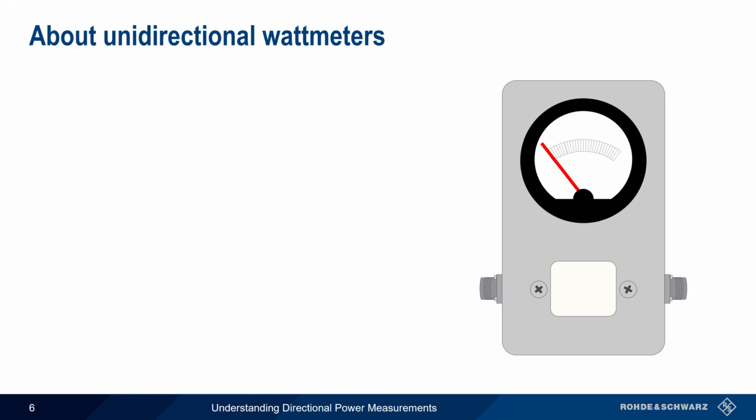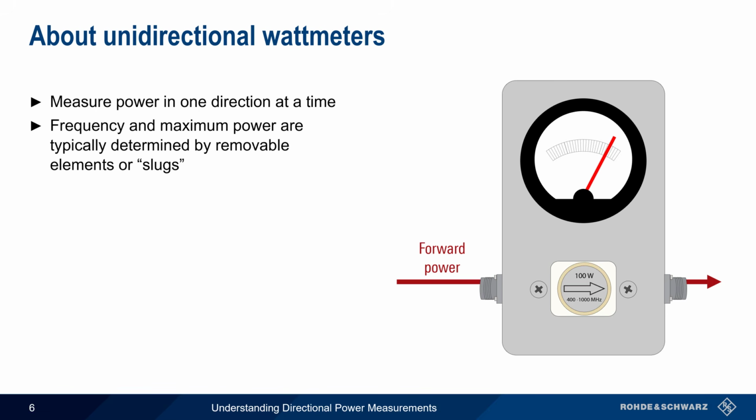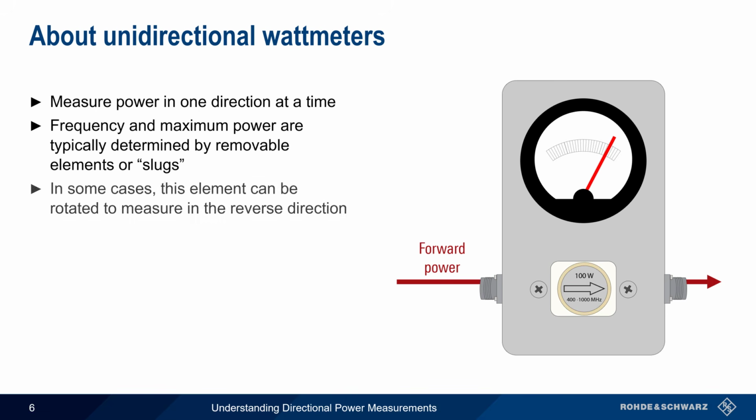A unidirectional wattmeter, such as the one illustrated here, measures power in only one direction at a time. Typically, the frequency range and maximum power that can be measured by these types of meters are determined by removable elements, or slugs, and in some cases, this element or slug can be rotated 180 degrees to enable measurements in the reverse direction.